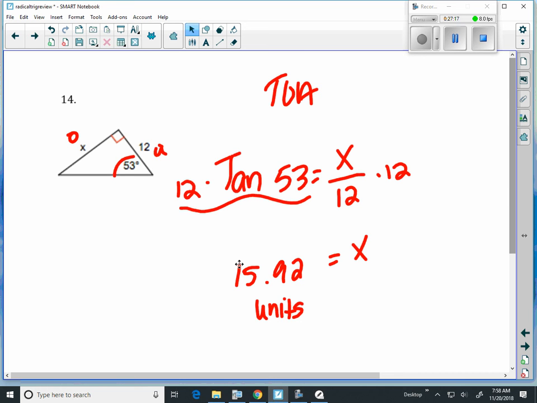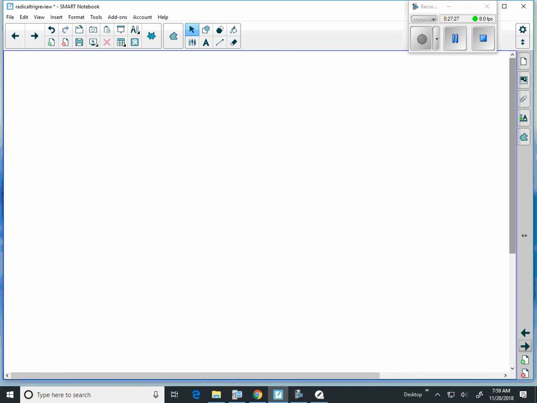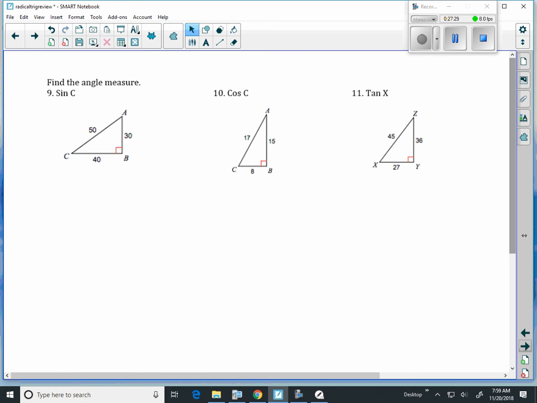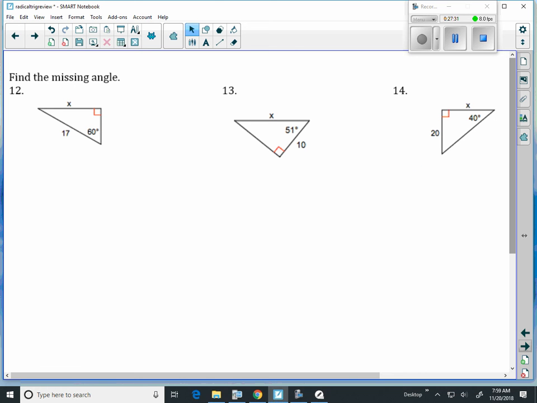Now, at the very bottom, I want to do one of the questions with you because there's something a little bit different, and it's pretty easy to figure out the difference here. So look at the very last questions. Let's just do 13 together. How does x relate to 51? What side is x?